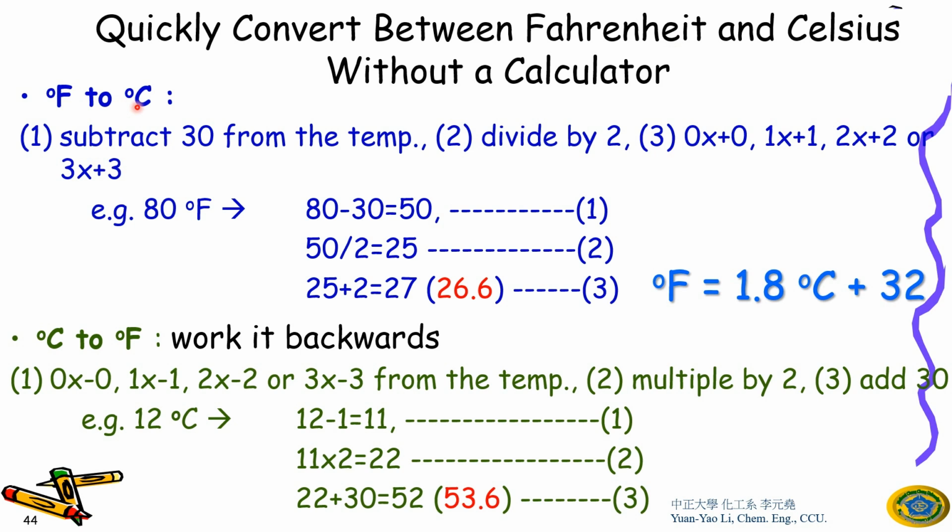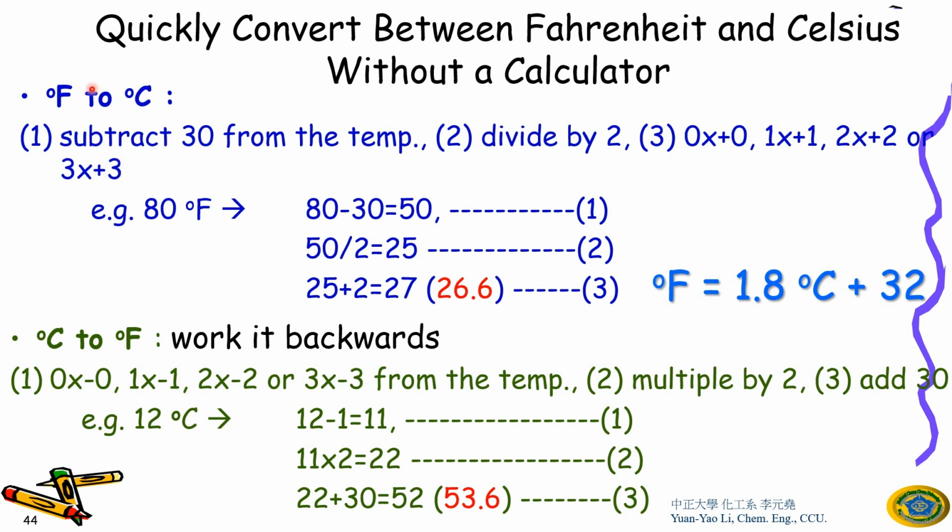Should I wear a heavy jacket or a t-shirt? I didn't know. 52. So I had to do the calculation. 1 Fahrenheit equals 1.8 Celsius plus 32, right? So you don't know if 52 Fahrenheit is cold or hot. But this is an easy way.